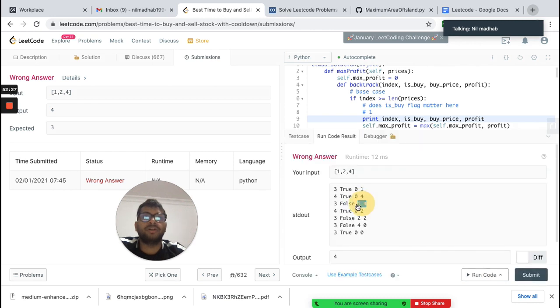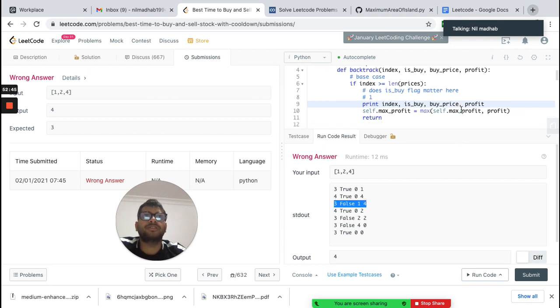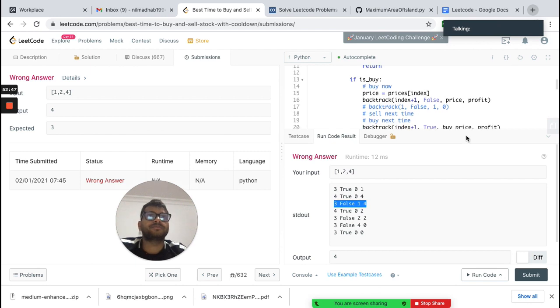So in this case, profit is becoming 4. Can you think of when it is getting 4 in this code?